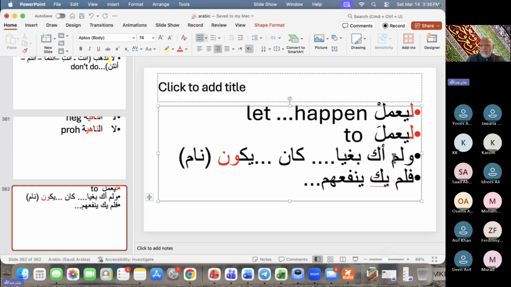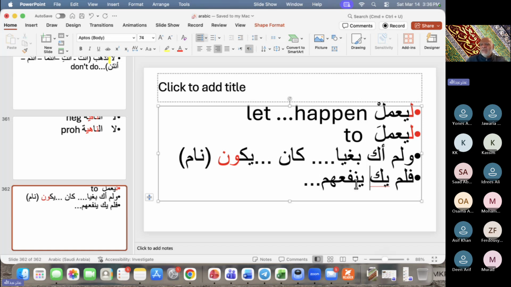I have never been baghi, I've never been a prostitute. Lam aku baghiya. And she is talking very quickly to negate, so no time to pronounce the noon. All time is for the negation. لم أك بغيا. Subhanallah.